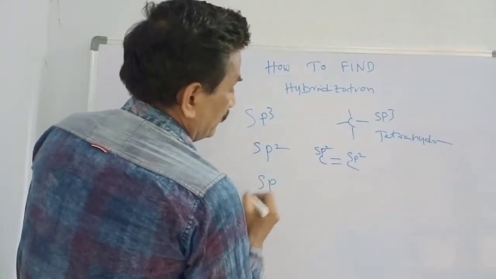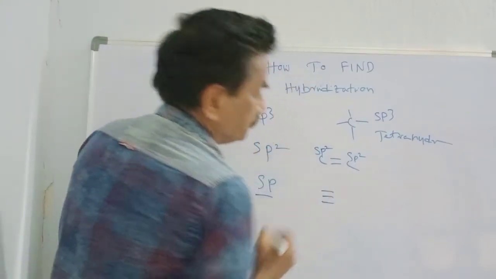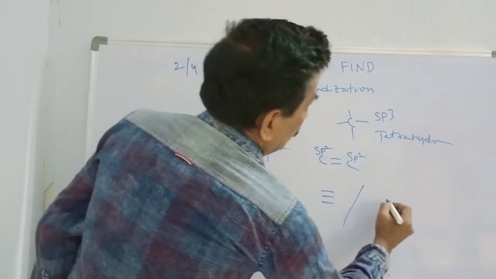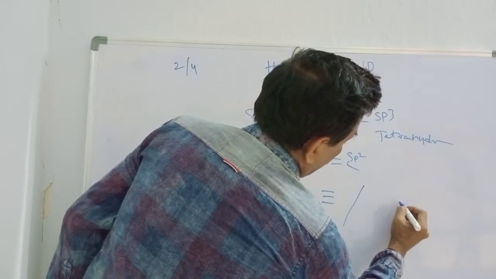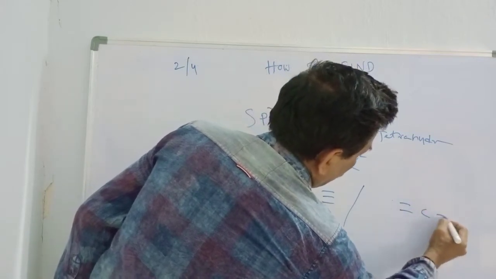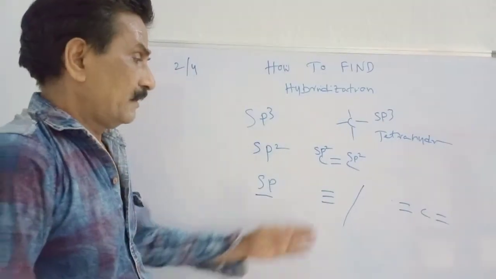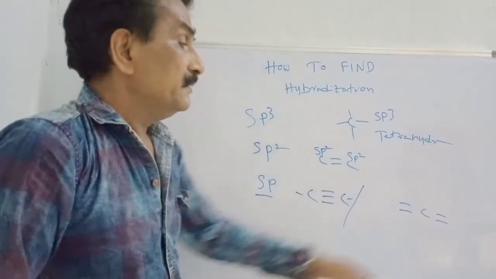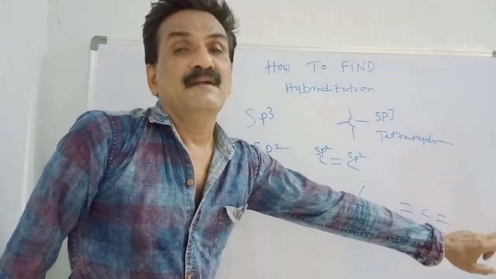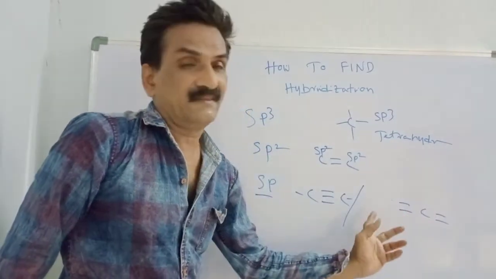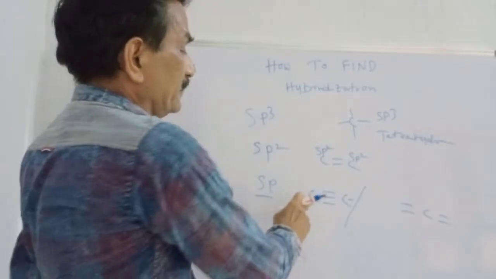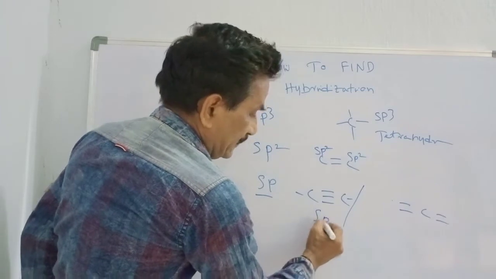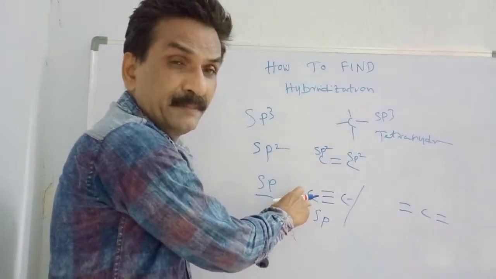Another one is the triple bond. If carbon contains a triple bond, I can say this is an sp hybrid carbon.